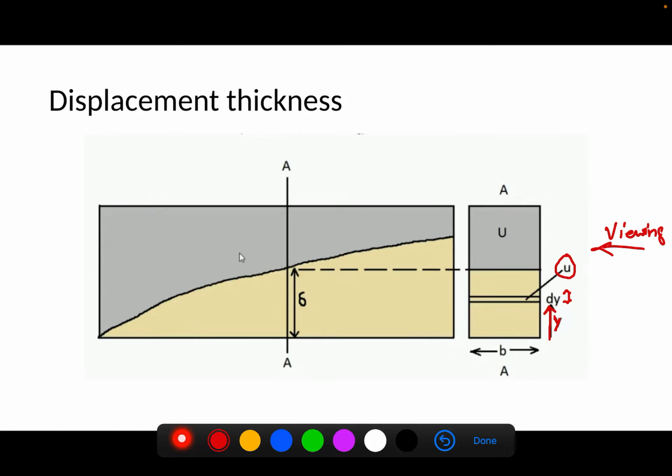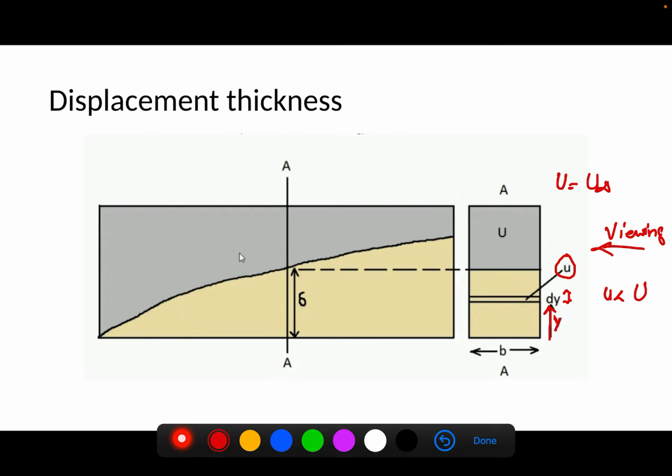These outer regions are free stream only, but this is the boundary layer region, so in the boundary layer u will always be less than capital U. Through the strip, flow comes out at velocity u.